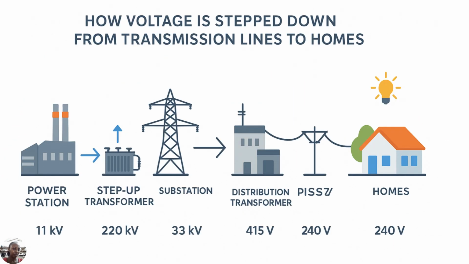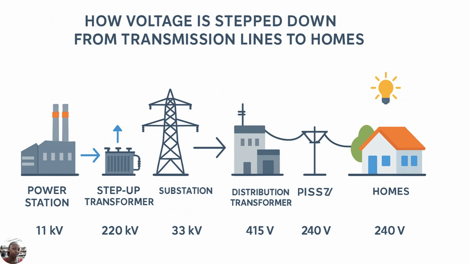This diagram shows how electrical power is generated, transmitted, and finally distributed to our homes. At the power station, electricity is generated at 11 kilovolts. This voltage is then stepped up by a transformer to 220 kilovolts.